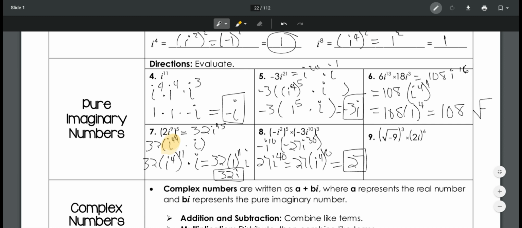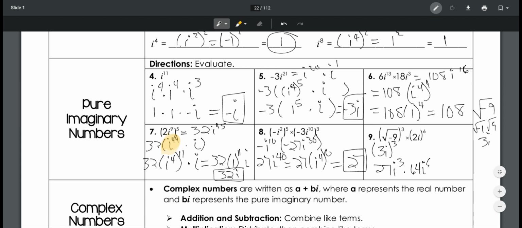Square root of negative 9 breaks down to square root of negative 1 times the square root of 9, which is 3i. So I get 3i to the 3rd power, which is 27i to the 3rd. I'm going to simplify the 2i to the 6th, which gives me 64. 2 to the 6th is 64, i to the 6th power.